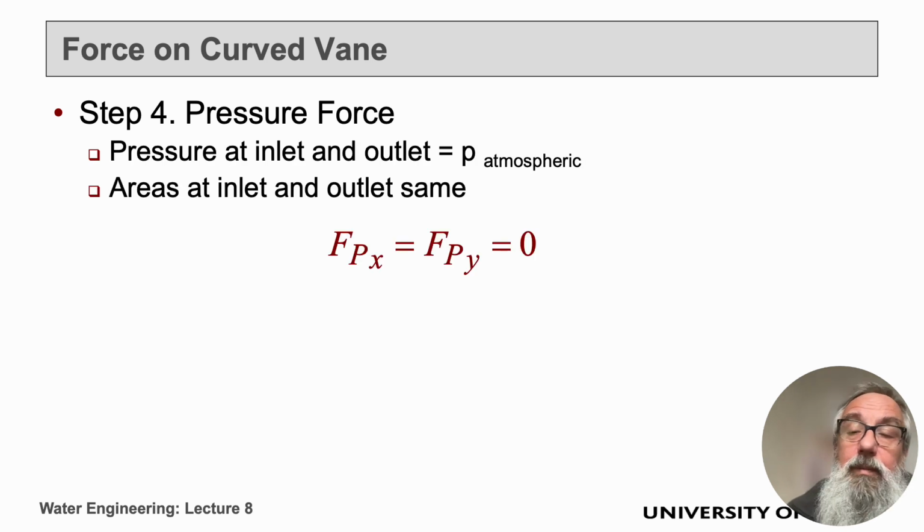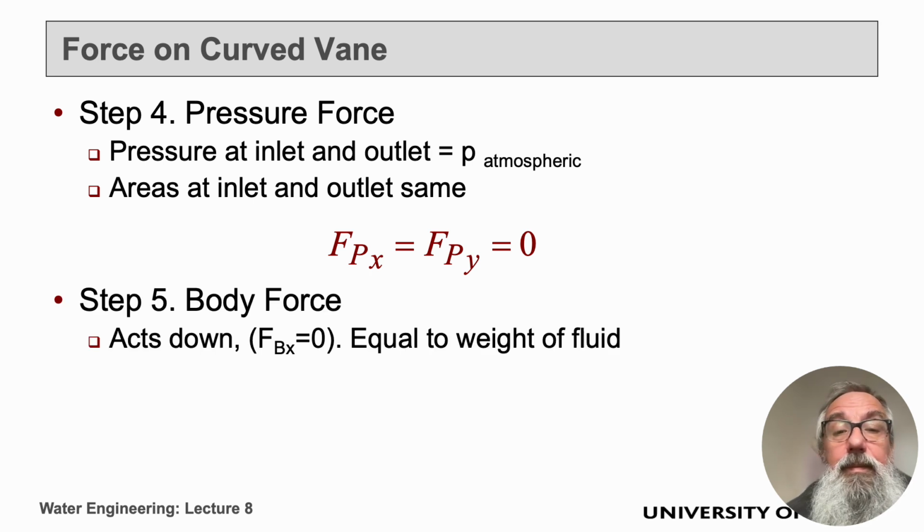Pressure force: well, the pressure and area are the same at the inlet and outlet, so the pressure forces are 0. Body force, x down, equal to the weight of fluid. Again, we're going to ignore the weight of the fluid.